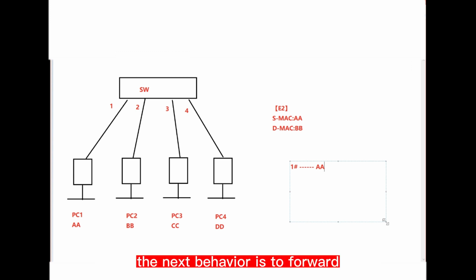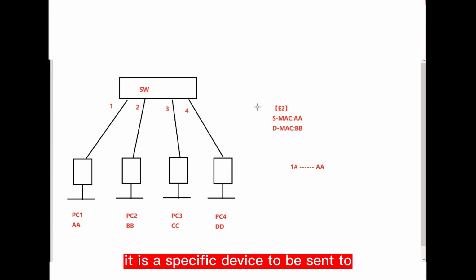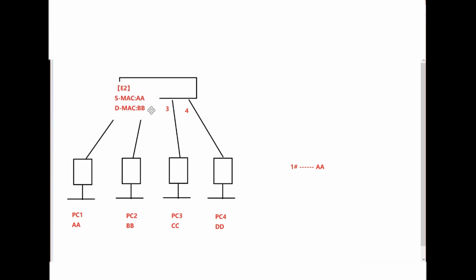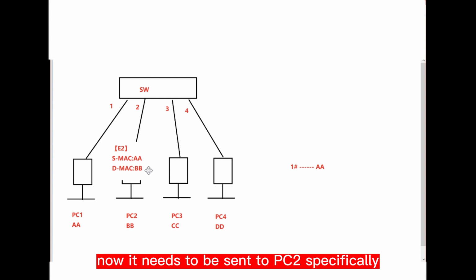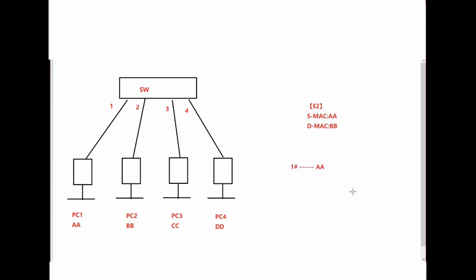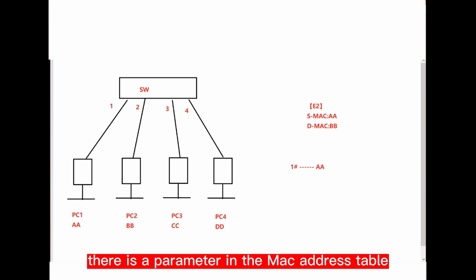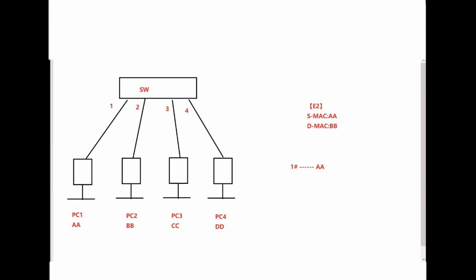The next behavior is forwarding. For forwarding, now it behaves differently. If it receives data that is to be sent to a specific device, for example to PC2 specifically, then it will look at the MAC address table locally. If the MAC address table has the entry, then it just forwards. This is a known unicast data frame.